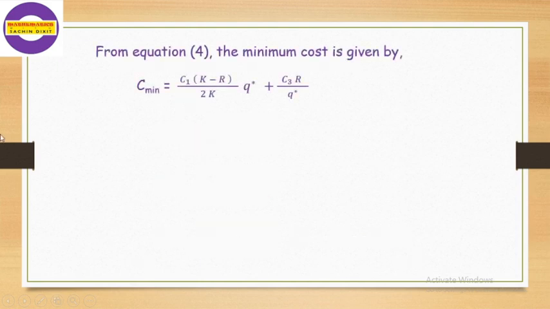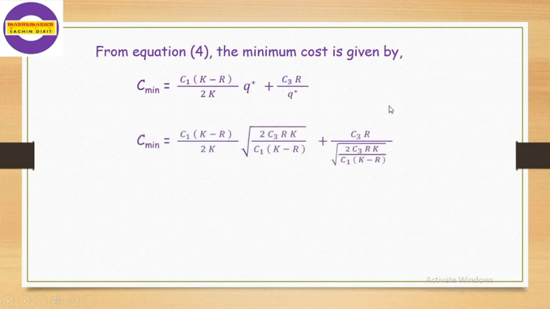Then we have to find out the minimum cost. That means we have to put the value of that q star in the cost equation. That is c minimum is equal to c1 into k minus r divided by 2k into q star plus c3r upon q star. Now substitute the value of q star, we get this expression. Then we transfer the term which is outside the square root into the square root in both the terms.